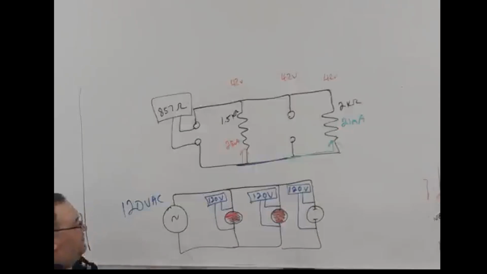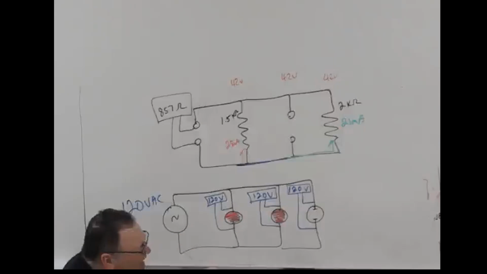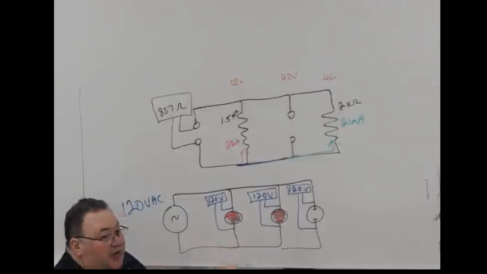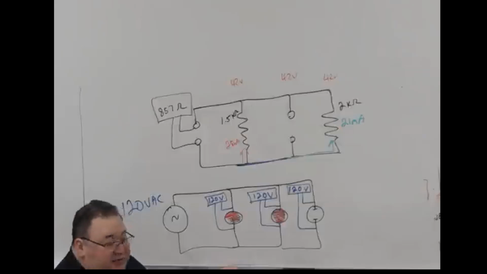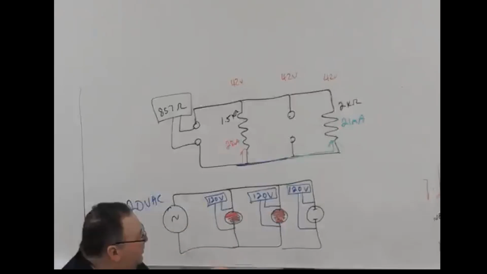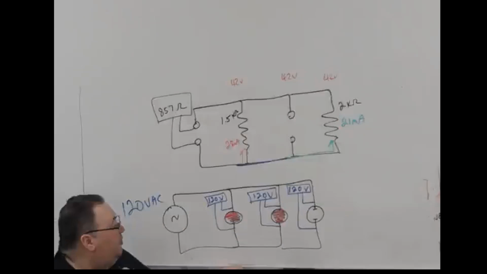So when you have something like a light bulb that is lit, you can tell if the load is working correctly or if it's open. But if you have a load like a heating element or a motor, then without some other test, if it's good, it's measuring 120 volts, and if it's bad or open, it's measuring 120 volts.